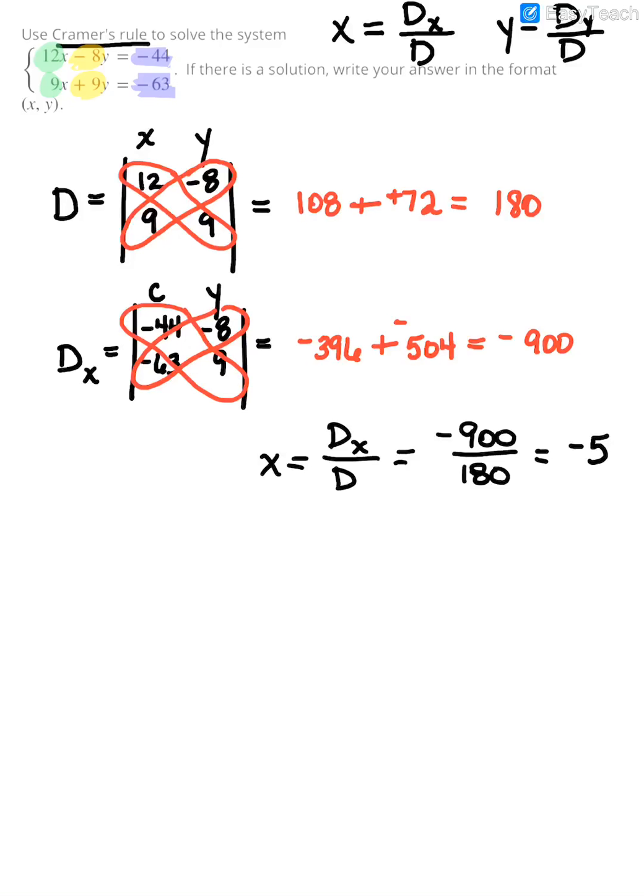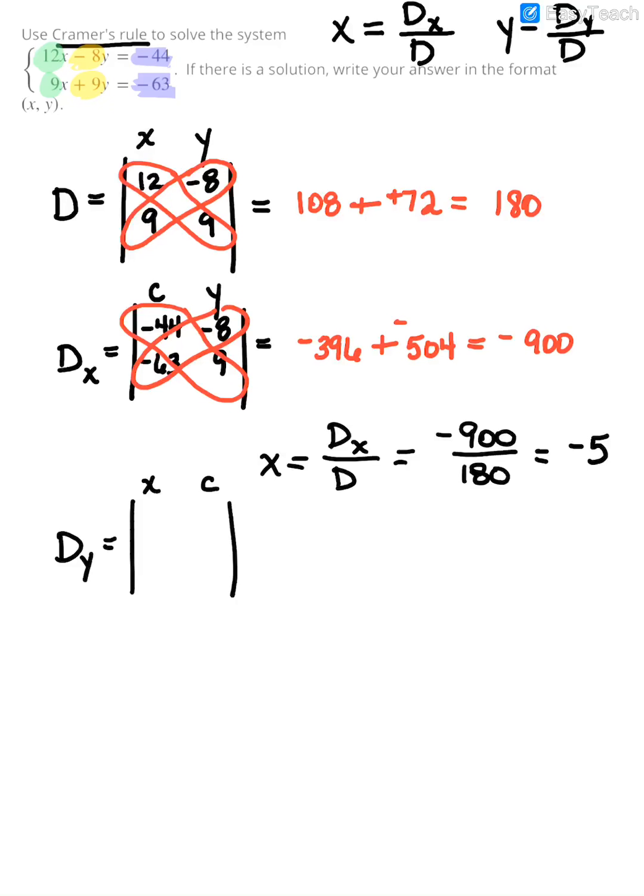Now you could at this point as well plug the x back into one of the original equations to find the y if you wanted, or you can continue with Cramer's rule and find a determinant with respect to y. And what happens in this matrix is you keep your x coefficients in your first column, but your constants are going to replace your y coefficients, which would be in your second column.